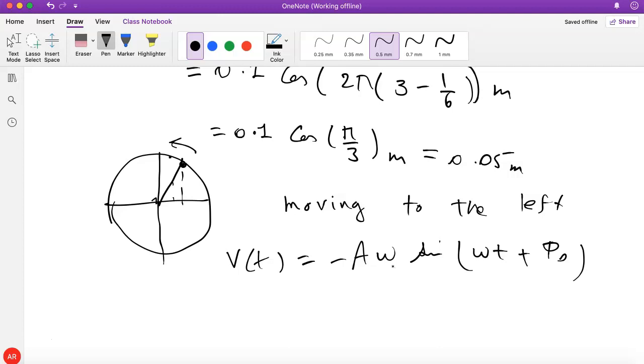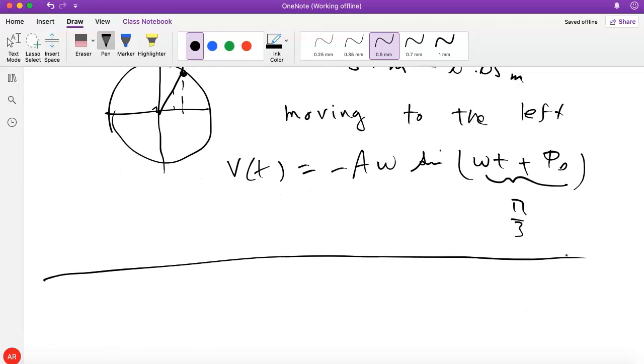We just established that this whole thing, that phase omega t plus phi naught, is going to be over here. So that's equivalent to pi over 3, right? And we solve for omega, we know what it is, so you can just plug it in. And you see sine of pi over 3 is a positive number. This negative sign means that the velocity is to the left. It's a negative number.